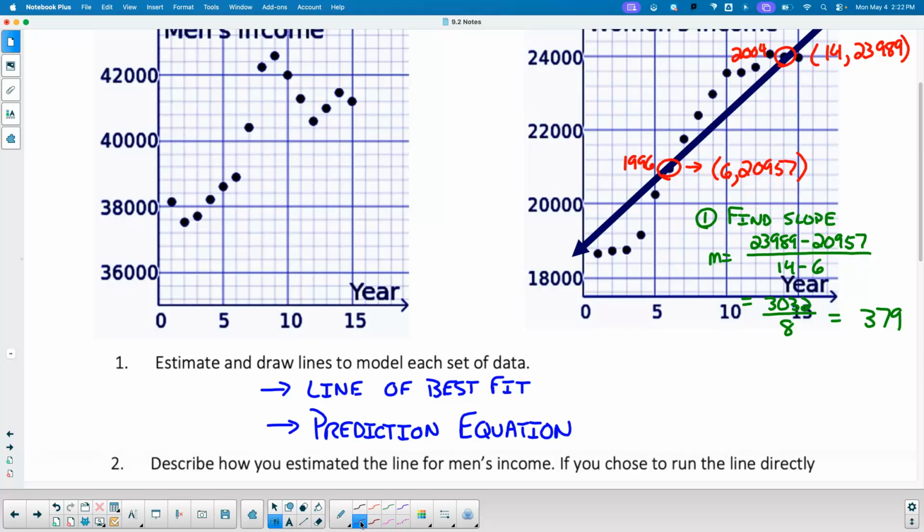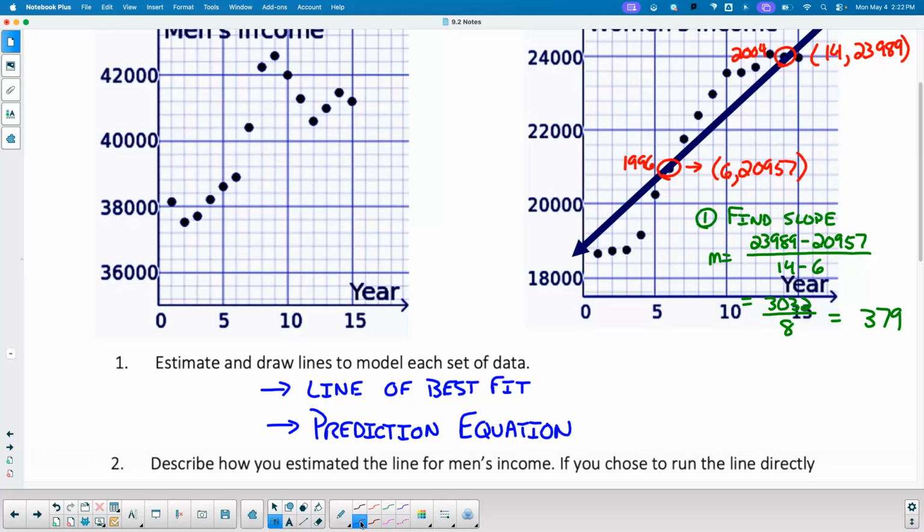Remember that. What's the next step? How am I going to make an equation? No, we can leave it in 1.